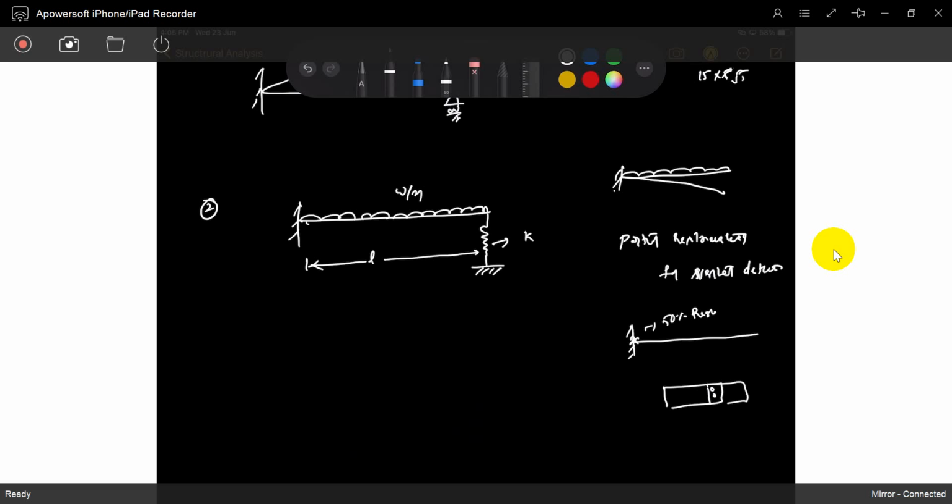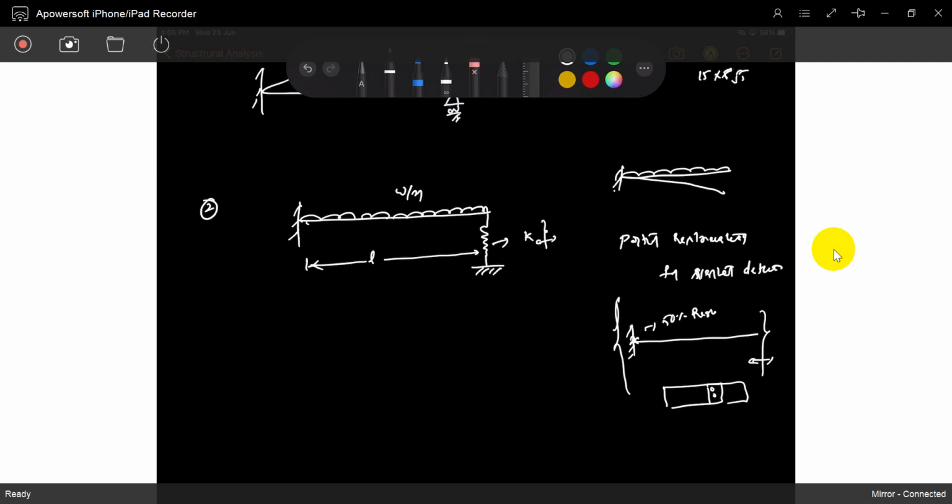Failure of the joint means failure of the fixity. Later in MTech they will tell you how to handle 30% or 50% failure. Now I won't discuss it, but this is also a partial support.